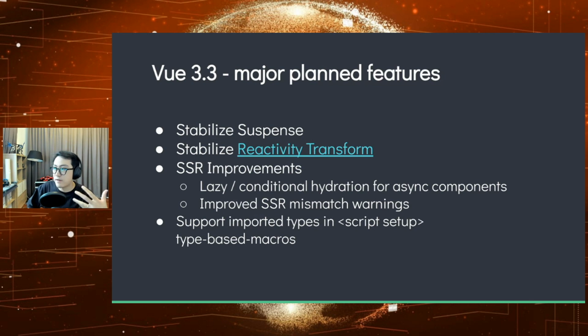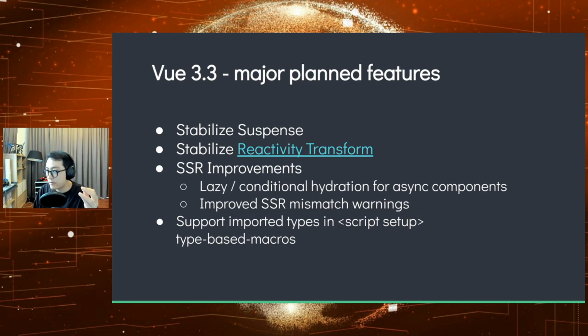You could even fetch and hydrate only a part of your tree when it scrolls into view or when the user starts interacting with the page. These are hydration strategies that we want to explore by using async components as your hydration boundary, essentially. And then there are improved SSR mismatch warnings. There's already a pending PR for this, which will help greatly when debugging SSR mismatch issues in development.